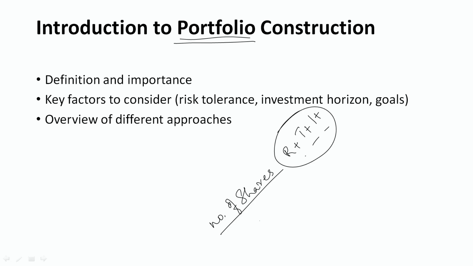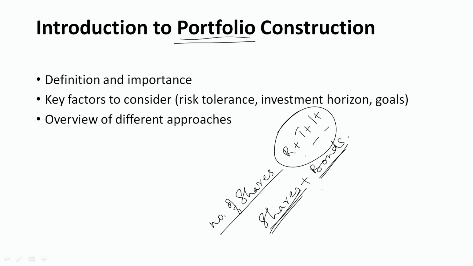Second condition is it can be a combination of shares and bonds, where I am trying to have some shares of either one company or more than one company plus certain fixed income bearing instruments, that is a part of bonds.